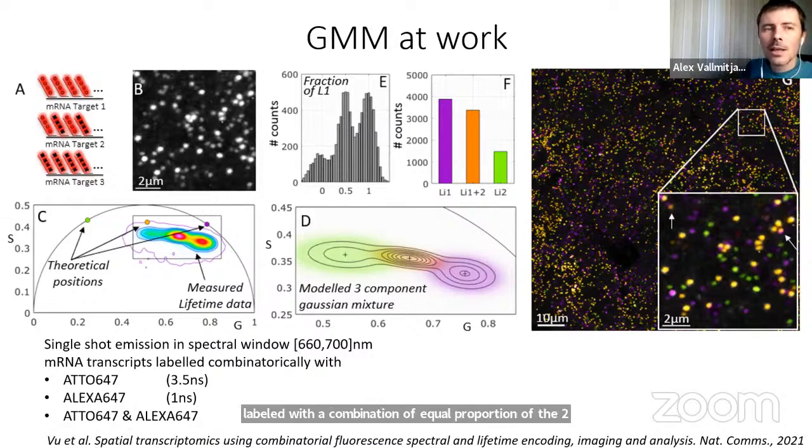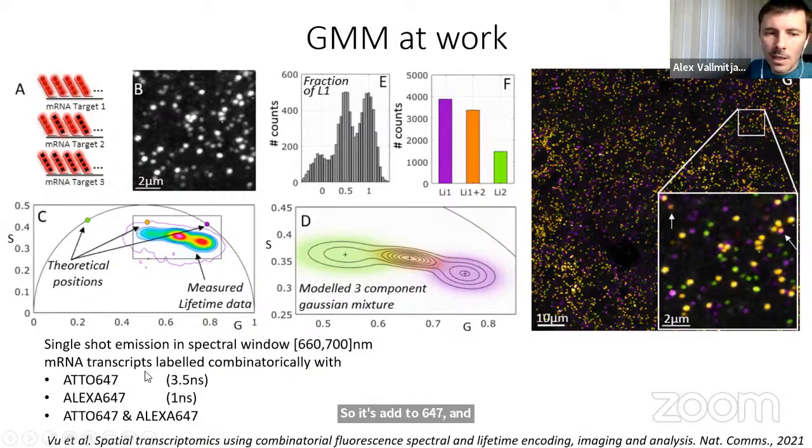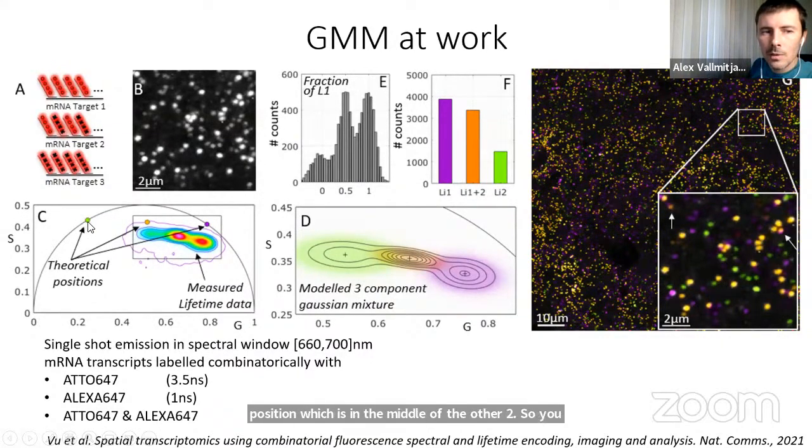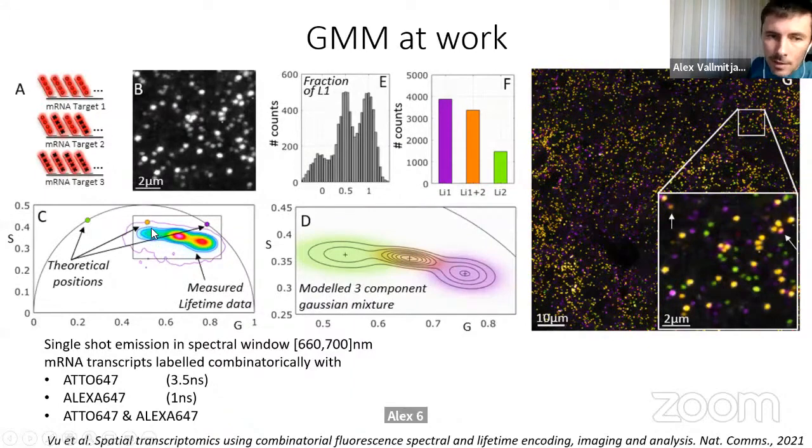So you would expect, again, these are the same fluorophores from the previous case. So it's Atto 647 and Alexa 647, both emit in red, but have different lifetimes. You would expect the third gene to have a phasor position which is in the middle of the other 2. So you have some theoretical position of the Atto 647 long lifetime, Alexa 647 short lifetime, and the 50-50 of the other 2.